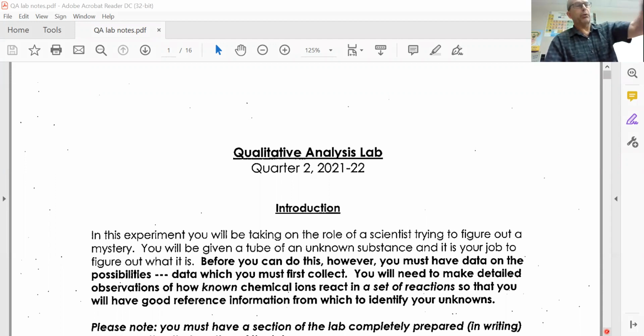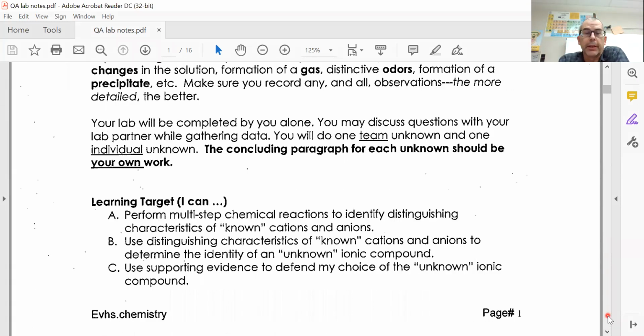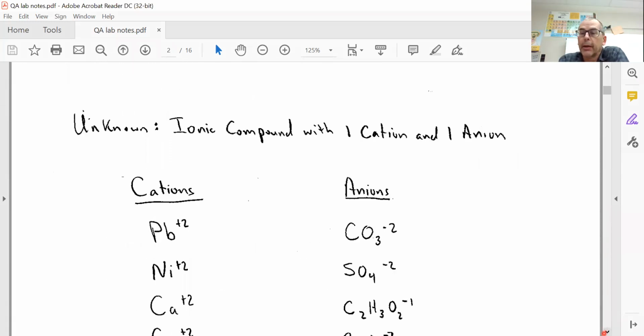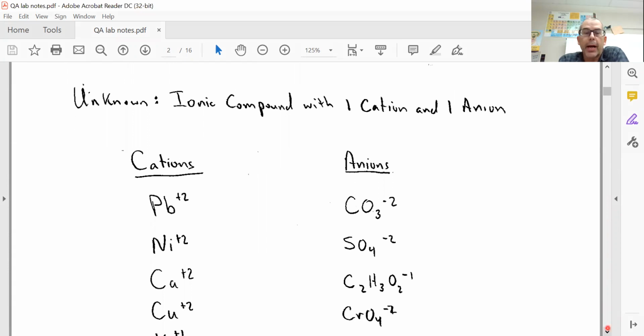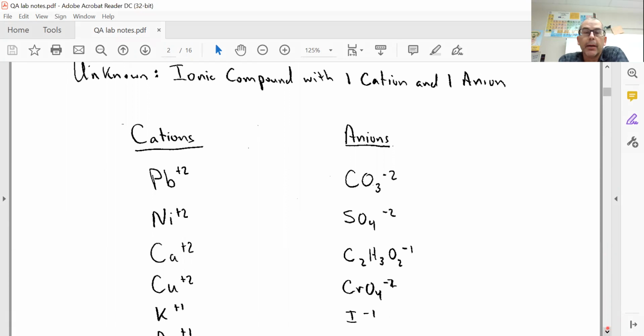You're going to be asked to identify that ionic compound by identifying the correct cation, positive ion, and correct anion, negative ion. And you're going to be running a series of tests to figure that out. I might just jump to the chase a little bit here. It says an unknown ionic compound with one cation and one anion.